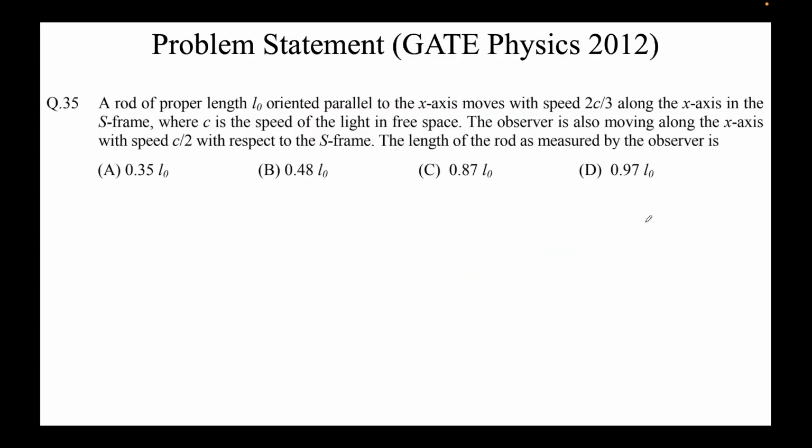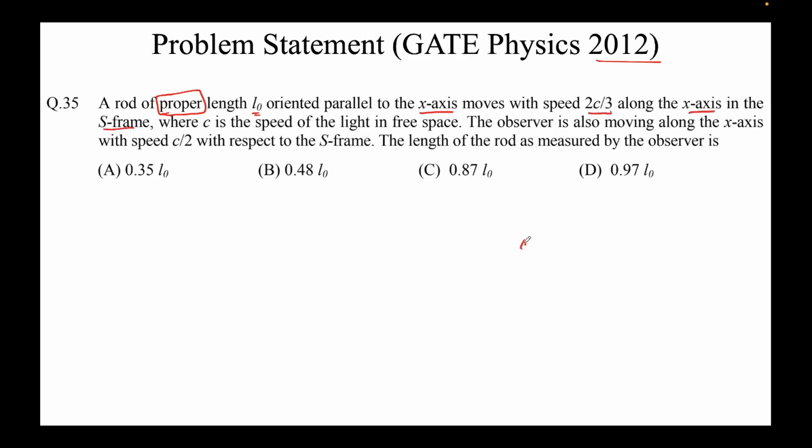And this is a problem related to the same concept. A rod of proper length L0, this is a 2012 paper. Proper length means this length must have been measured in the frame of the object itself. This rod is oriented parallel to the x-axis, so this helps in defining the dimensions, and moves with speed 2c/3 along the x-axis in S frame.